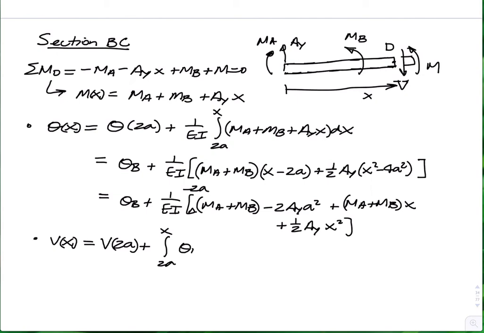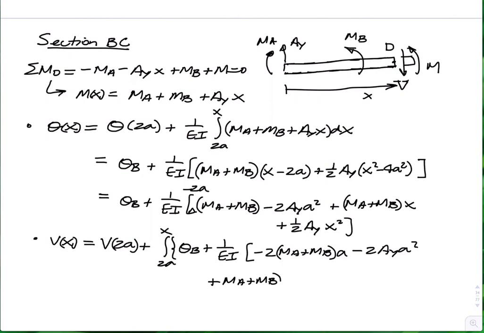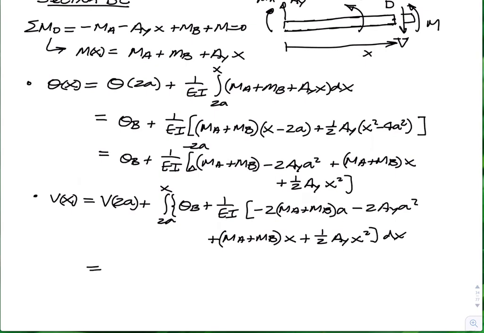So that's going to be theta b plus 1 over EI minus 2 MA plus MB a minus 2AY a squared plus MA plus MB x plus 1/2 AY x squared dx. So I do that integration. We recognize that v at 2a is what we were calling vb, just a different name.